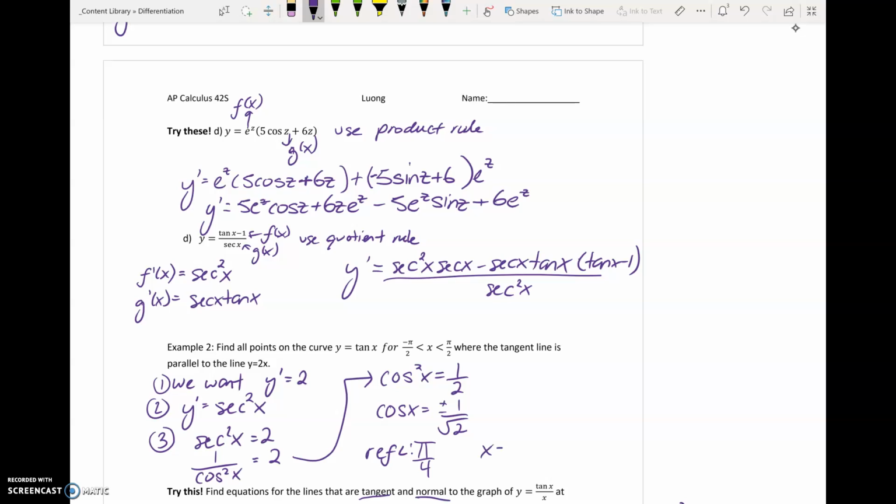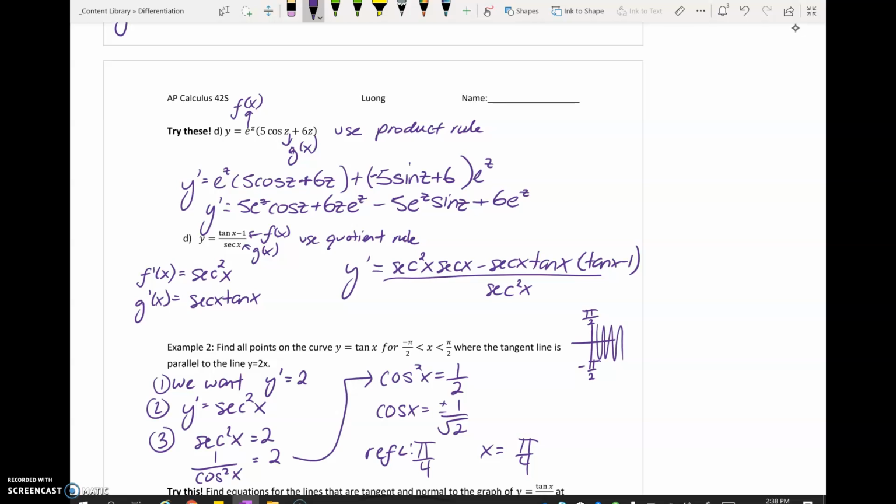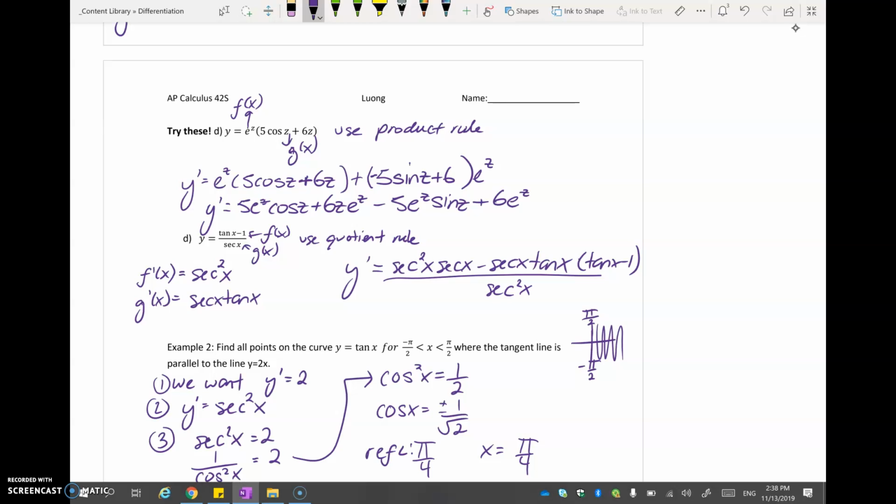So x is equal to pi over 4, and then we're going to think about all 4 quadrants here because it's a plus or a minus, but we also need to think about the domain. So if we think about your domain, if you draw our little unit circle, pi over 2 is over here, negative pi over 2 is over here. So if I'm going from negative pi over 2 to pi over 2, I'm thinking about quadrants 1 and 4.